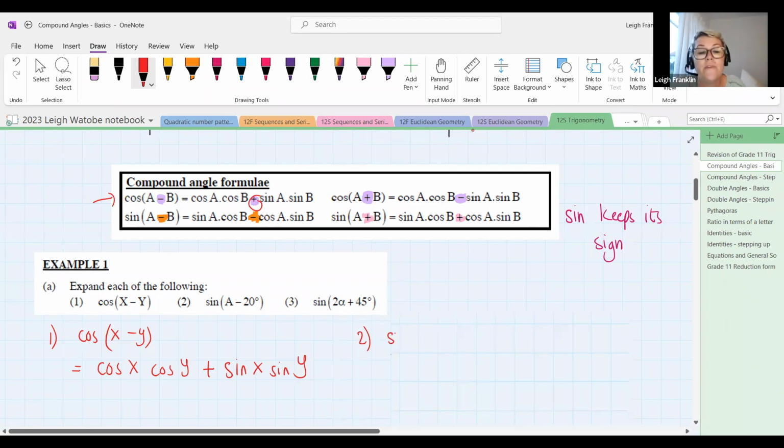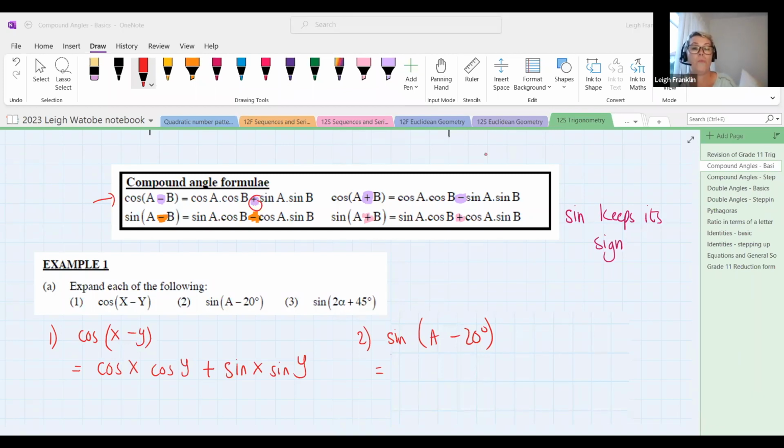All right, so now let's try the second one. Is there anybody that feels confident enough to unmute and tell me what it is you think I should write here? Okay, so Clorky, you've already provided an answer. You have said sine A cos 20 minus sine 20 cos A. All right, that's fine, not a problem.